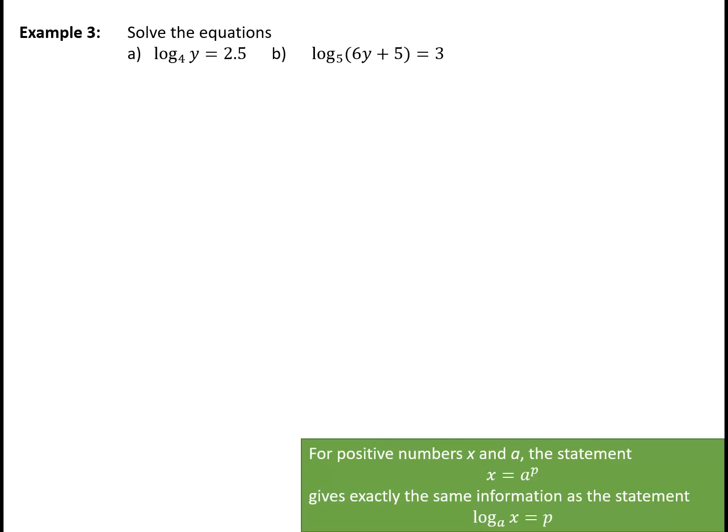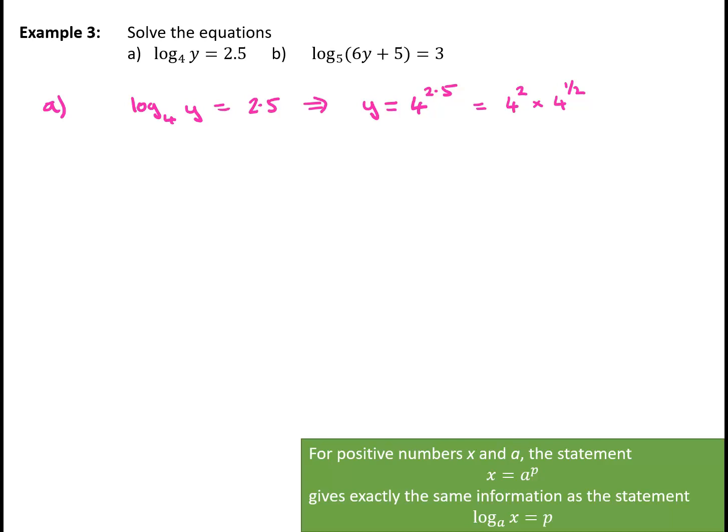For the next example then, we're going to try and solve the equation log to base 4 of y equals 2.5. Well, if I've got log to base 4 of y equals 2.5, that means that y must equal 4 to the power of 2.5, which is the same thing as 4 to the 2 times by 4 to the half.